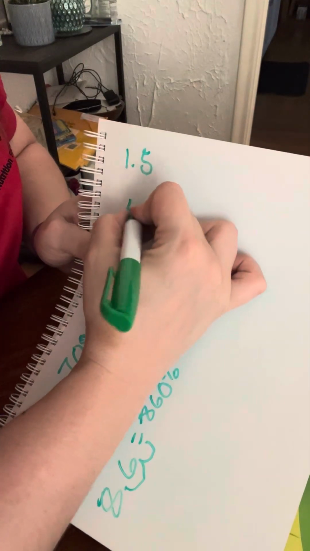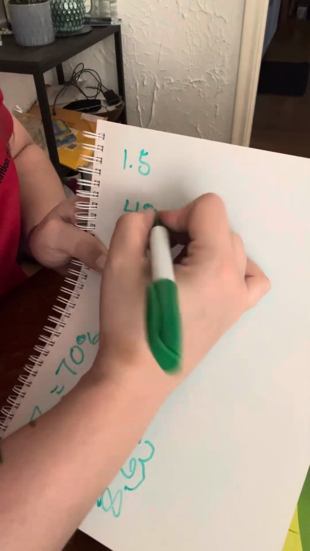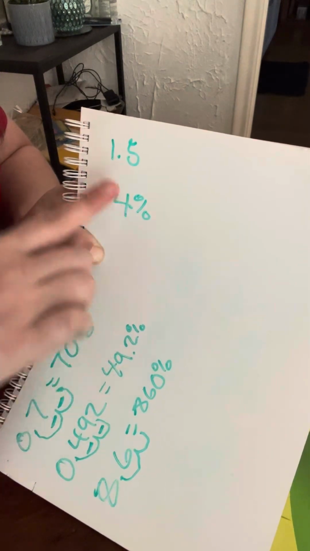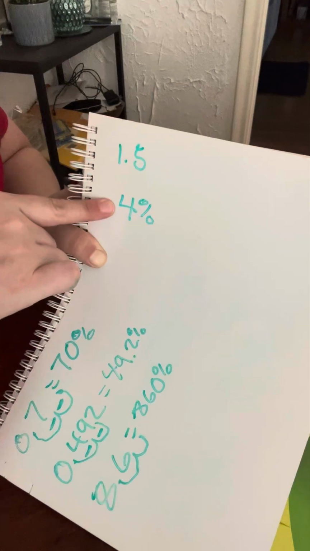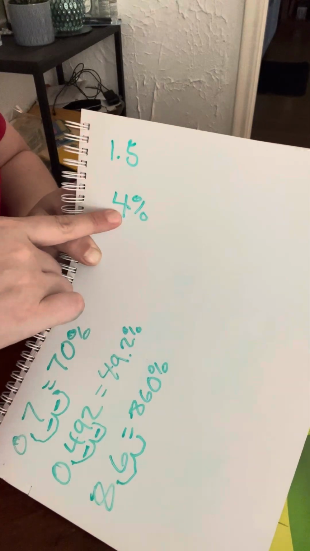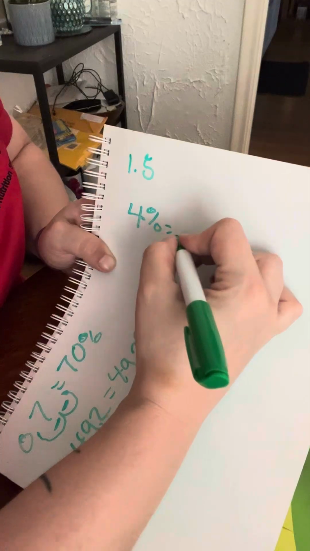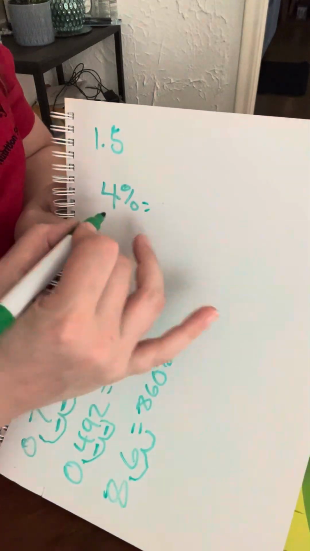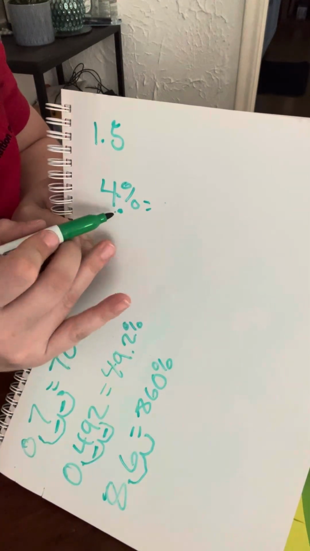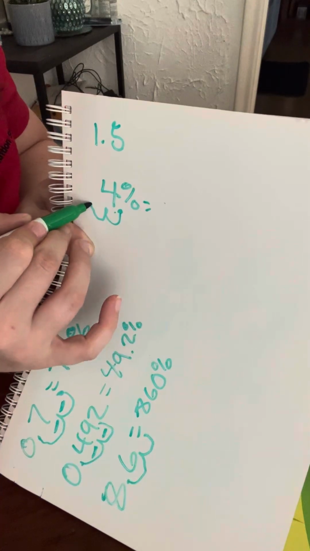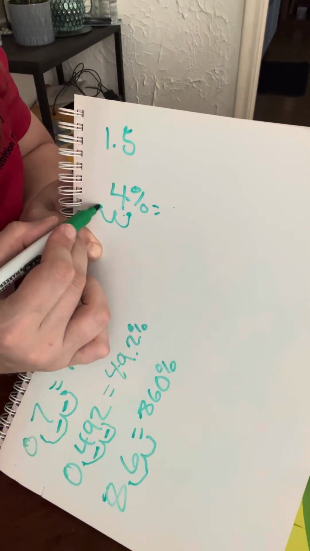And we also know that that solution is 4%. So you cannot multiply these two numbers together. You have to convert the percentage to the decimal.